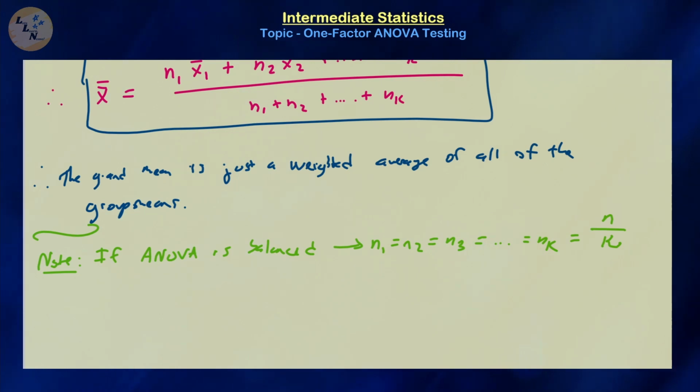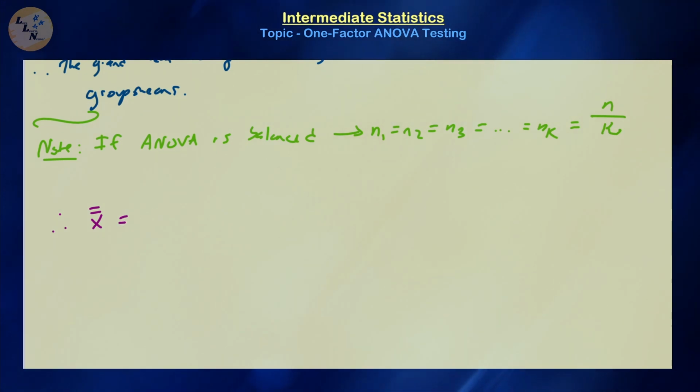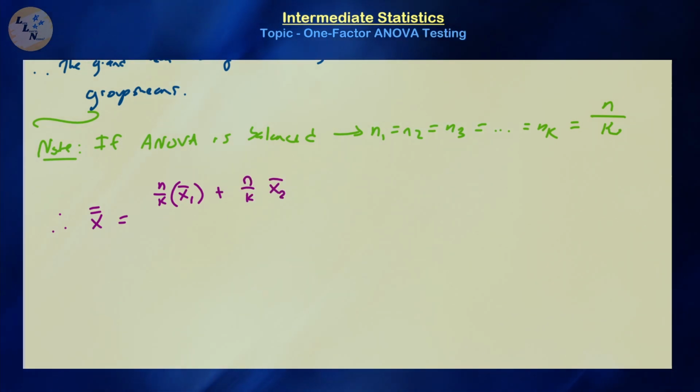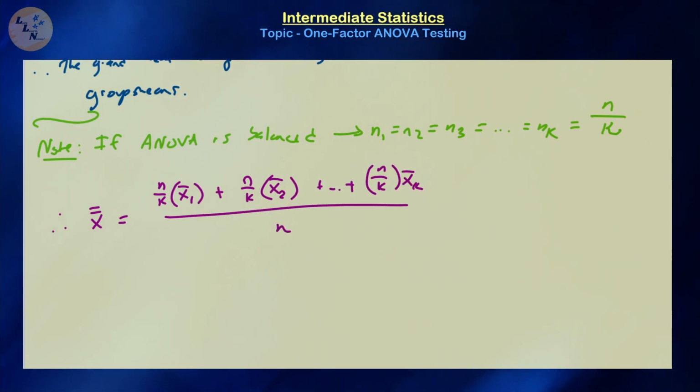So our formula for the grand mean can be written as follows: x bar bar is going to be equal to n over k times x bar 1 plus n over k times x bar 2 all the way out to n over k times x bar k, all divided by n.